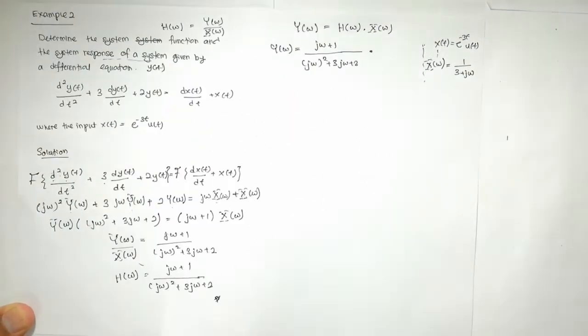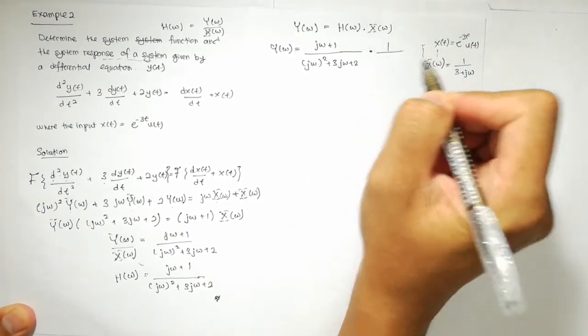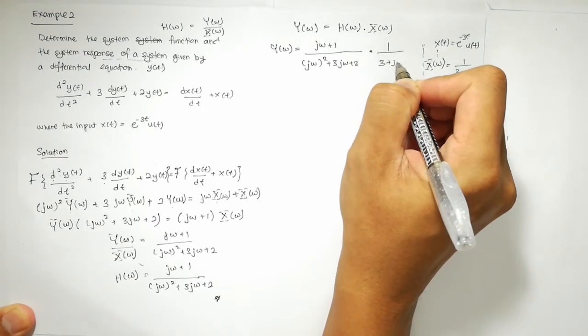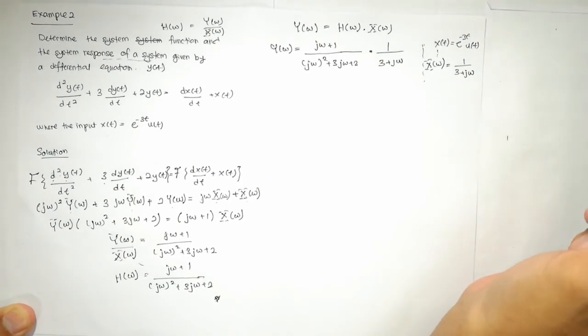Alright, so we can plug into the equation 1 over 3 + jω.